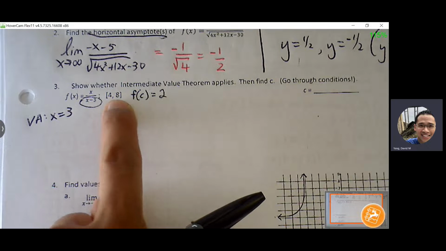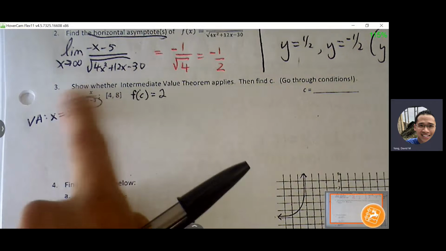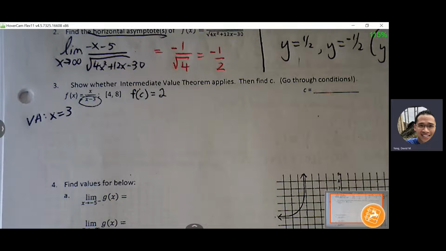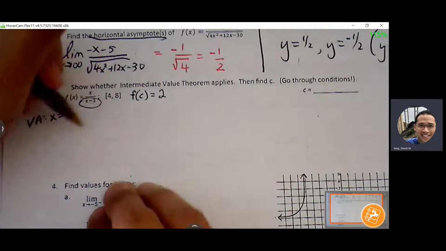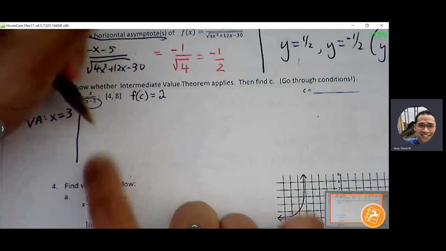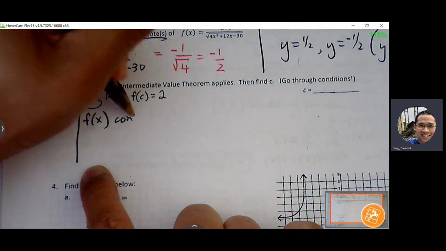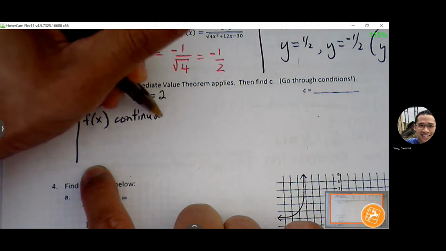It's not, right? There's only one disruption, and that disruption is outside the interval. So our interval will be uninterrupted, and our function is continuous on that closed interval. So we go ahead and make that statement.